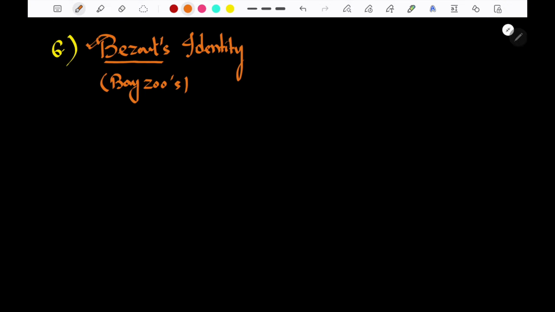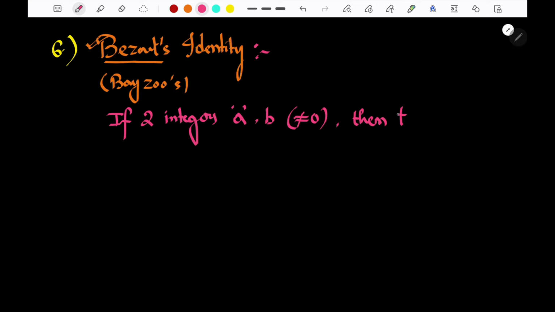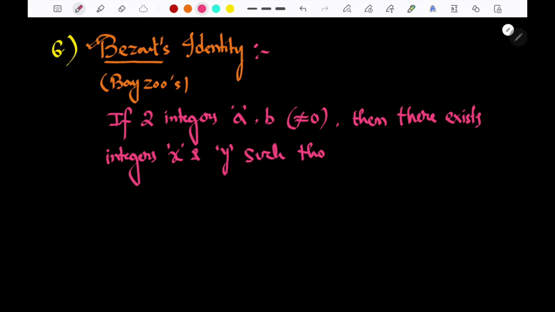Some of you might have read this if you have read some advanced concepts from the RD Sharma book of class 10; it's stated there without naming the identity. So what is it? If two integers a and b are not equal to 0, then there exist integers x and y such that ax plus by is equal to HCF of a comma b.